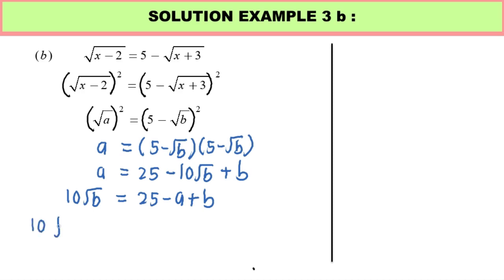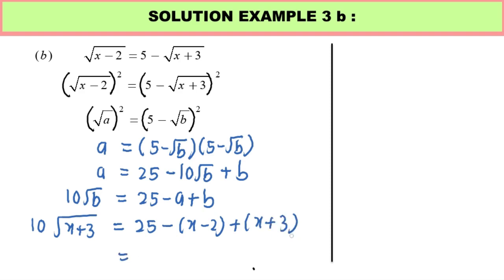So 10 surd x plus 3 and 25 minus x minus 2 plus x plus 3. Simplify the right hand side. I'm going to get 30. Then on the left hand side is 10 surd x plus 3.